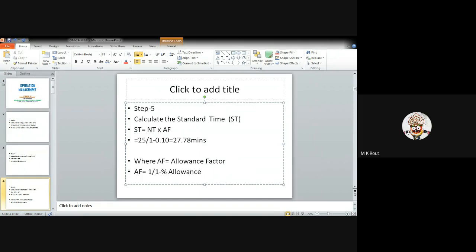Sangeeta Sahu, are you there? Yes, sir. What is your answer for the standard time? Sir, 25 minutes and 27.78 minutes. Okay, fine. Try to calculate in case of inexperienced engineer. Rasmi Rekha Patra, what is your answer for inexperienced ratings?